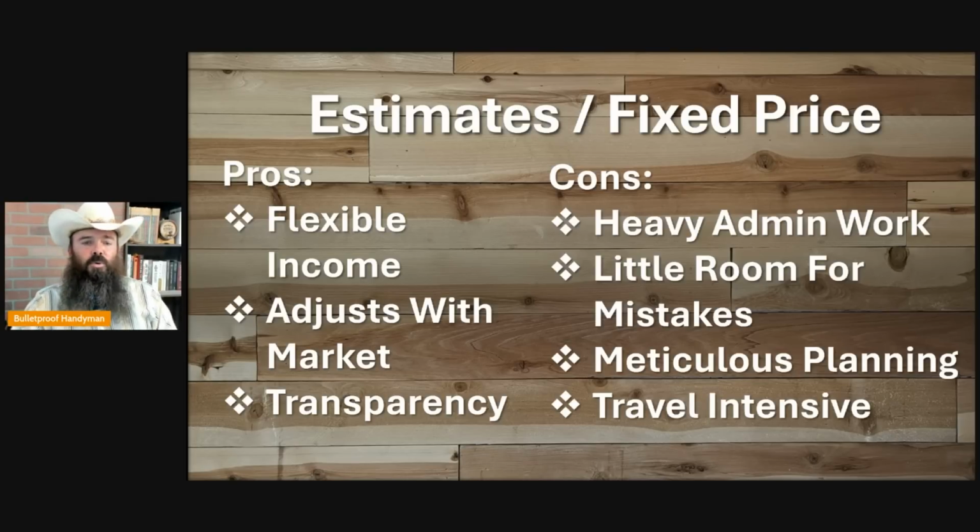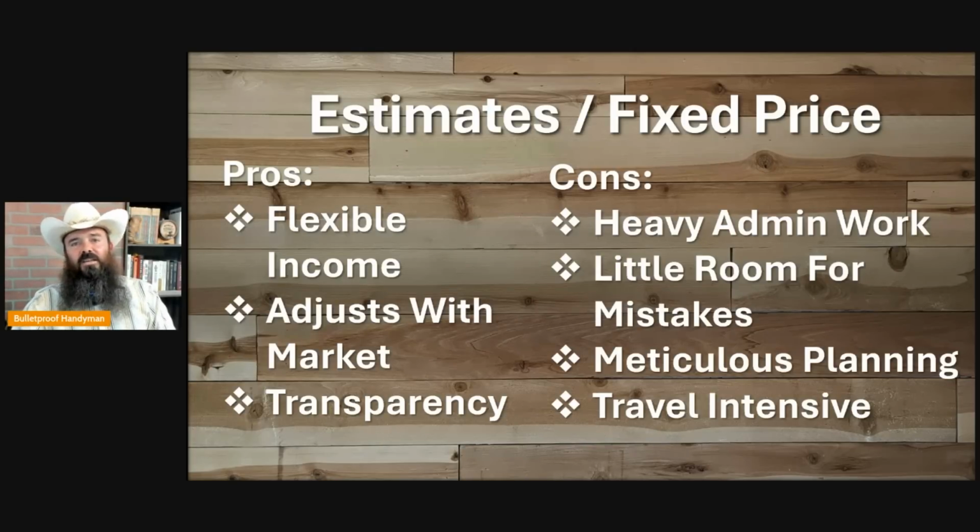So it's very flexible with your income. It also adjusts with the market. You're not stuck with that price forever and ever. You can change your fixed pricing over time, or your estimates over time with inflation and everything, you can just be charging more over the long course. And it's extremely transparent. And I think that's the number one pro for this, is everybody is in agreement in advance on what it's going to cost.